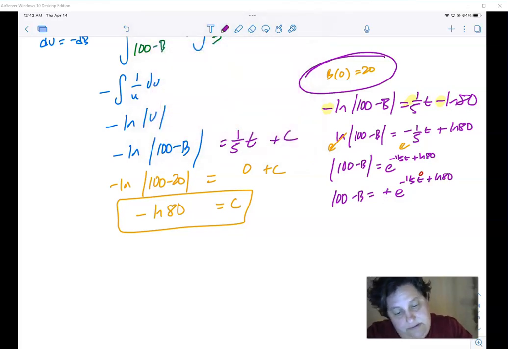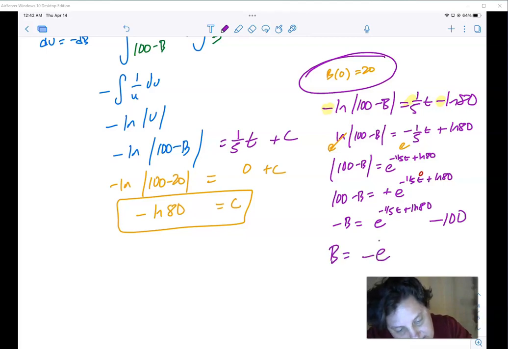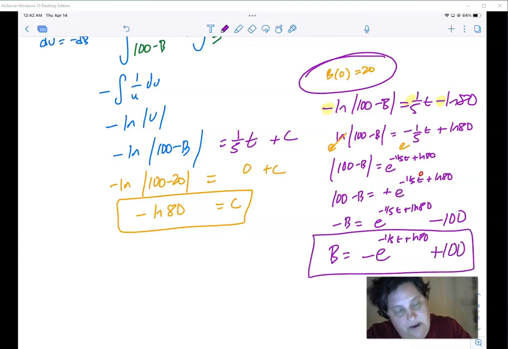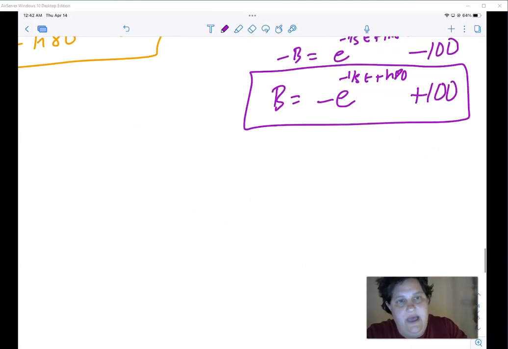Okay, subtract 100 over, and divide by a negative. So it's negative e to all this plus 100. All right, are you fine leaving it like that? Absolutely, totally fine. When we look at the points, are they going to do this? Probably.